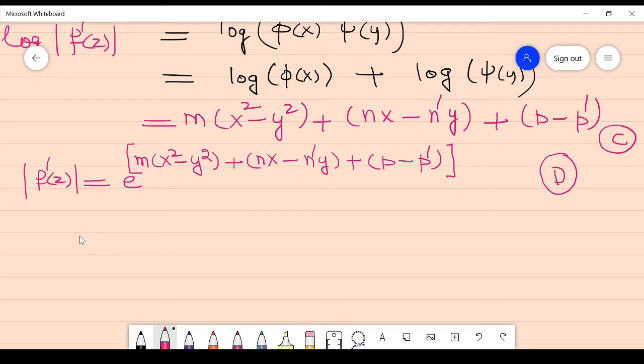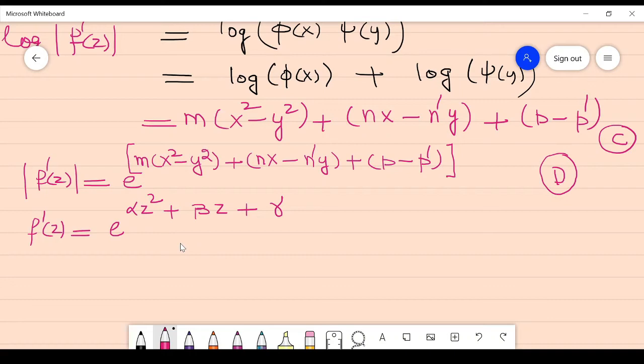Also we know from the given part that f dash z is equal to e raised to power alpha z square plus beta z plus gamma. So this value is f dash z, where alpha is a real constant, and beta and gamma are complex constants.